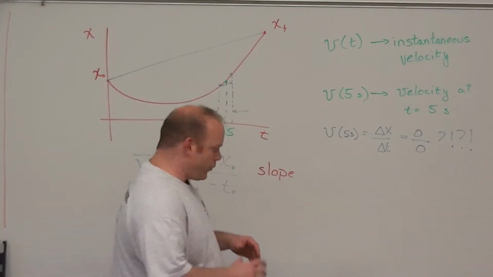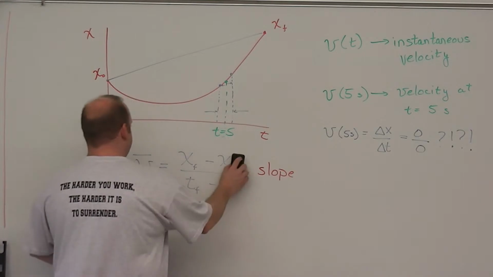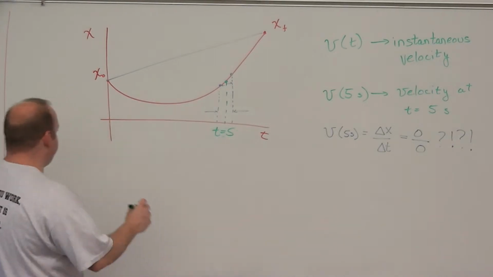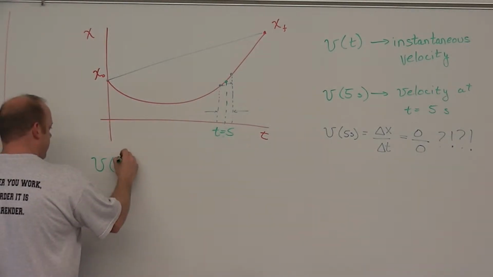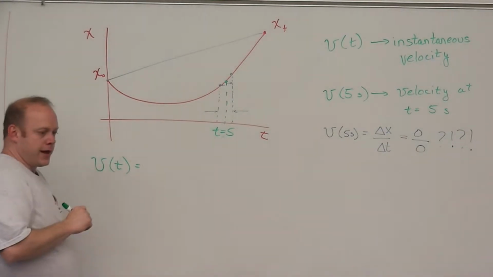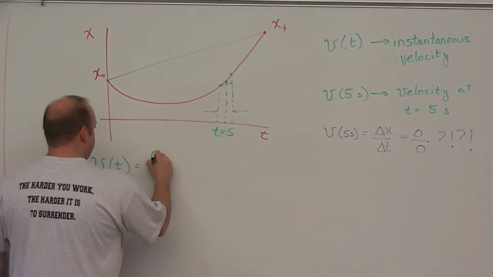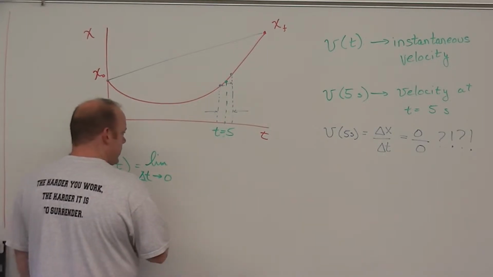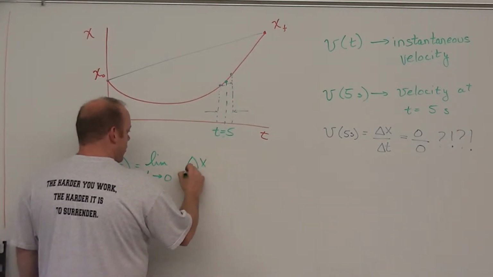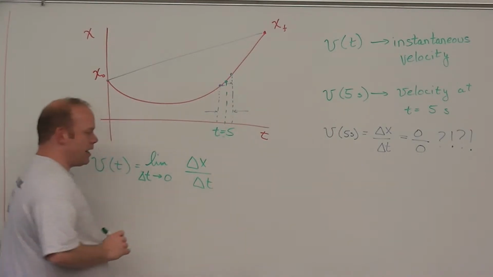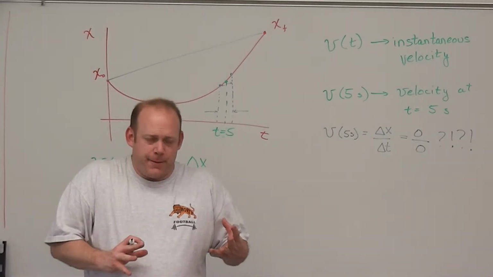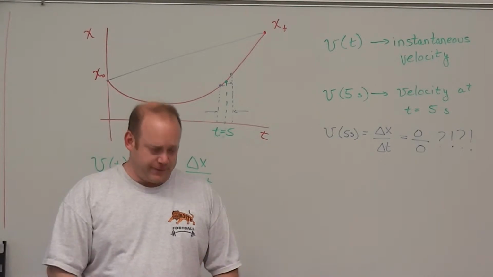So now, what I'm going to do is say that my v of t here, my instantaneous velocity, is going to equal the limit as delta t approaches 0 of delta x over delta t. It doesn't actually equal that. It doesn't actually equal 0, it approaches 0. And that's a very big difference to a mathematician.